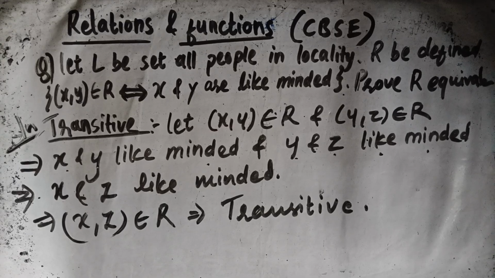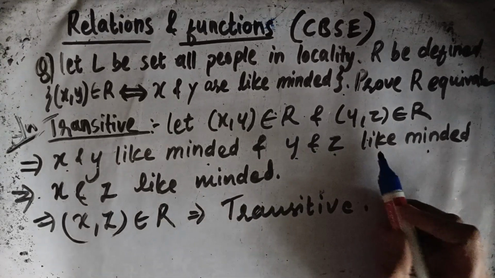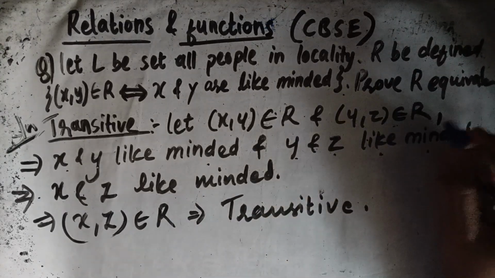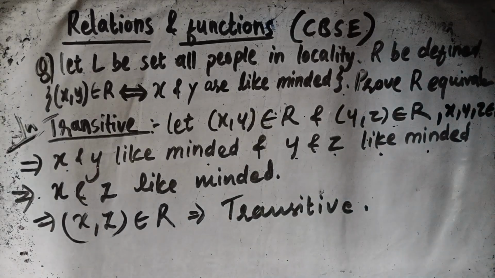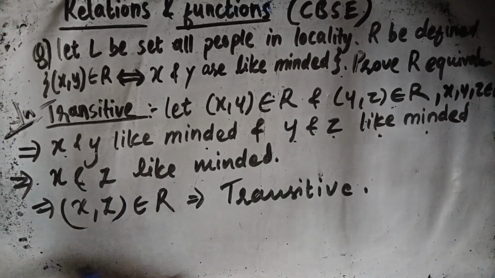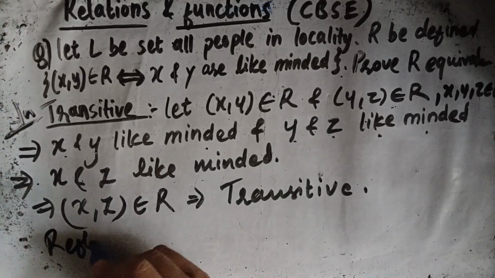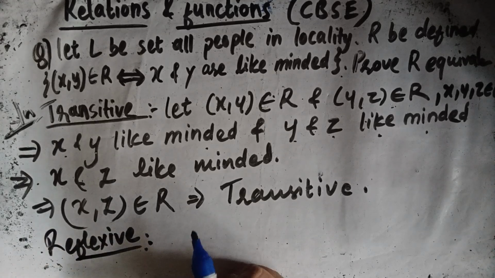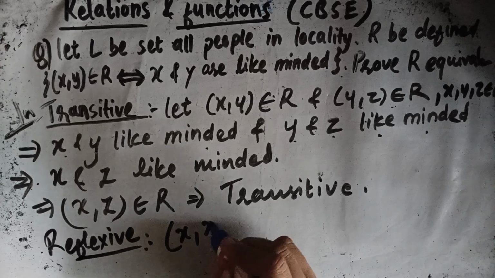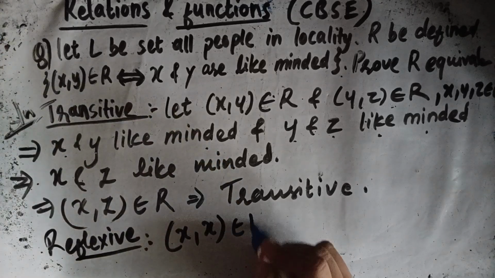Here one more thing I would like to add: after this you have to write for x, y, z belonging to L, that is, from which set they are. And for reflexive, you can directly take an element from your relation set.